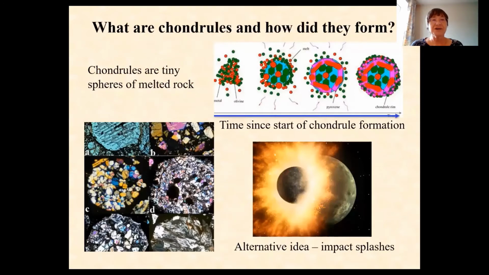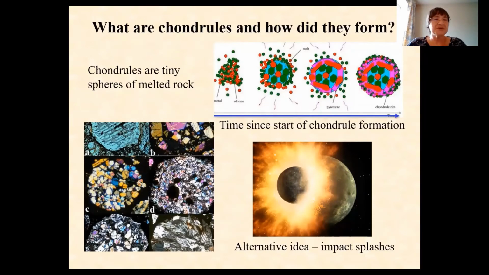Now I'm going to try to explain how chondrules are formed, because they are one of the most abundant items that we find in meteorites. We have a class of meteorite called ordinary chondrites, and they are usually chock full of chondrules. So chondrules are tiny spheres of melted rock, and on the left-hand side we have some microscope images of them.